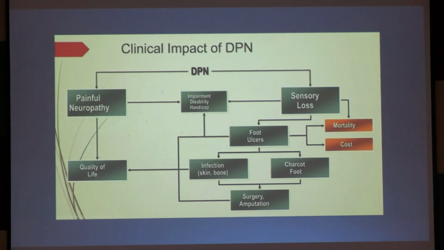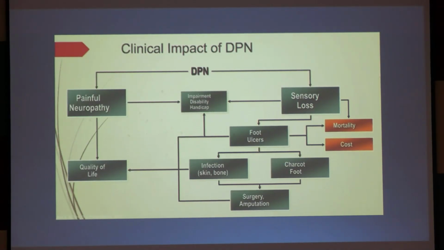Now, the clinical impact of diabetic neuropathy: that may be painful neuropathy, or it may be associated with loss of sensation, that is the loss of protective sensation. Painful neuropathy leads to impairment of the quality of life and of the activity of daily living.